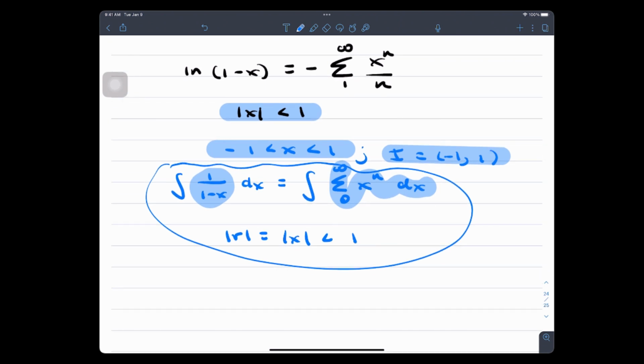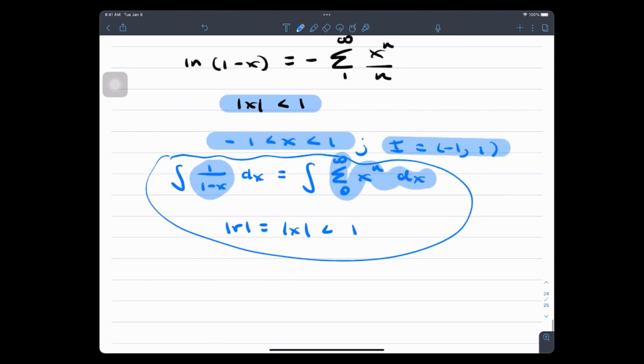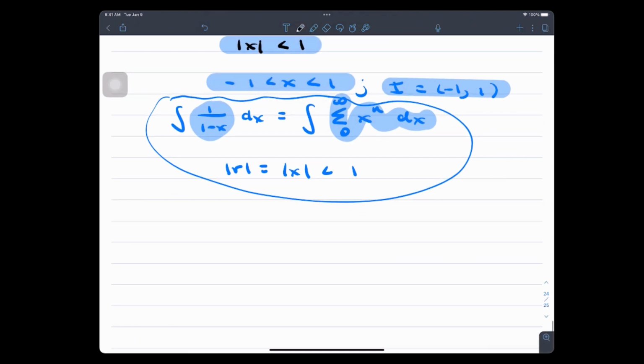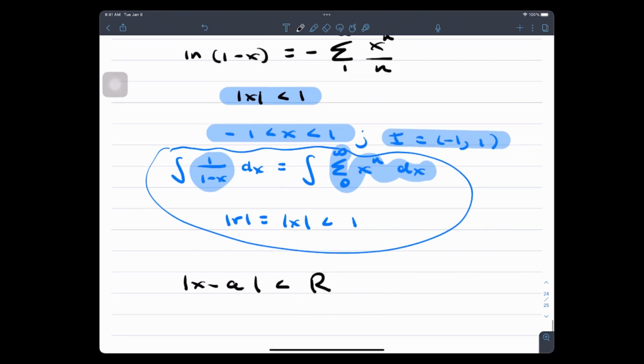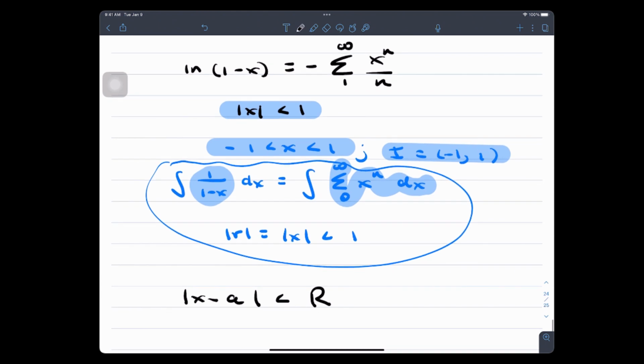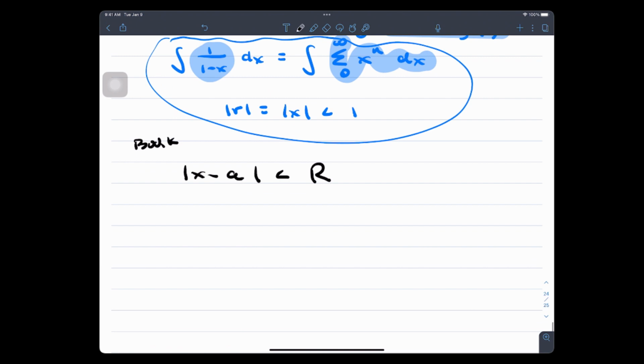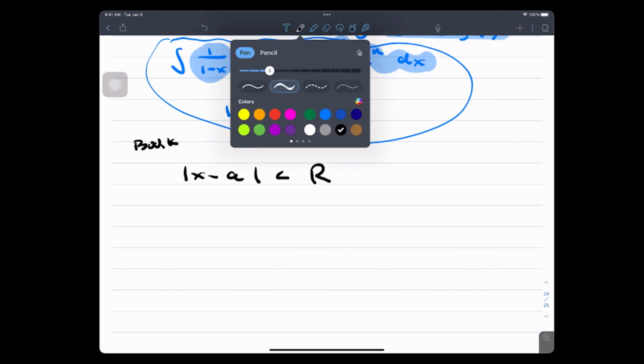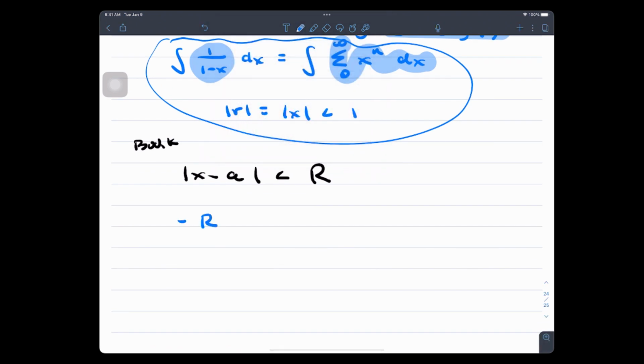Now, what else do we want to remark? Your book, you go, I get a little confused because the book says the absolute value of x minus a is less than r. What in the world does that even mean? What that really means, by definition, is that negative r is less than x minus a, which is less than positive r.